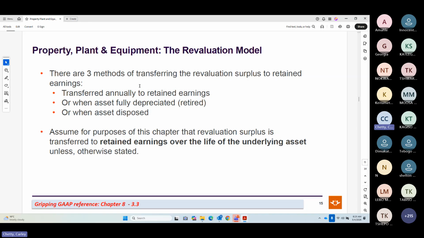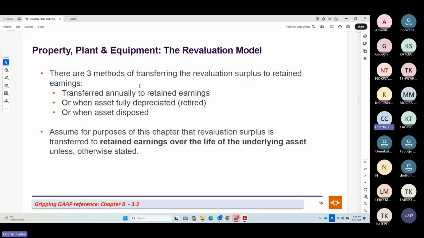The first one is to transfer it annually to retained earnings, or we can transfer it when the asset is fully depreciated or retired, or we can transfer it when the asset is disposed. So for purposes of this chapter, the revaluation surplus is going to be transferred to retained earnings over the life of the underlying assets, unless otherwise stated.